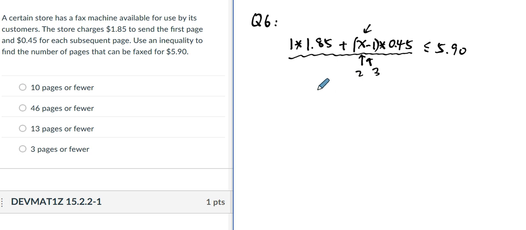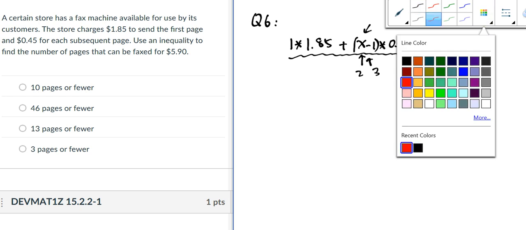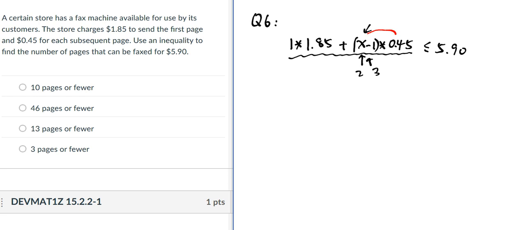Step 1 is to do the distributive property here and here. 1.85 times 1, you still have this number. Now, 0.45 times x, you then have 0.45x.